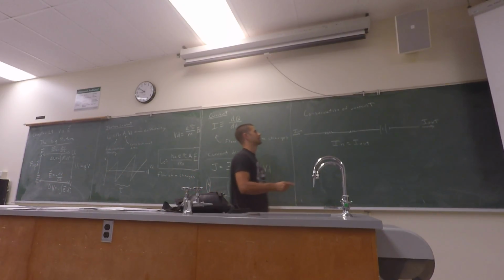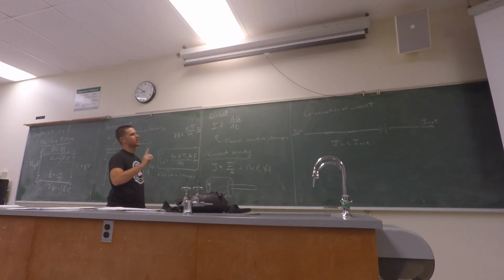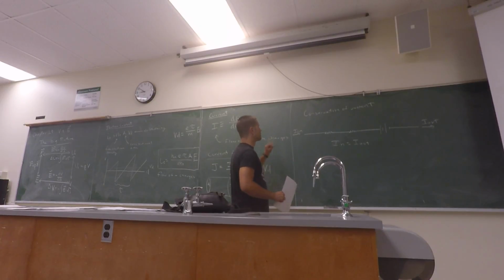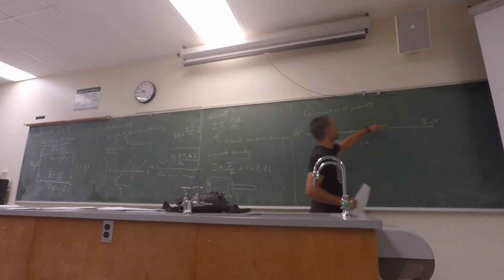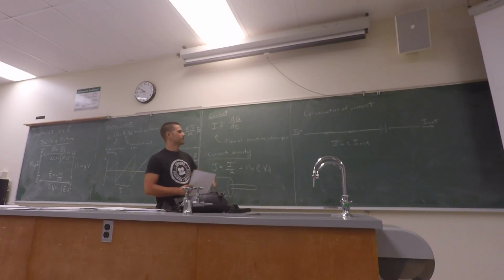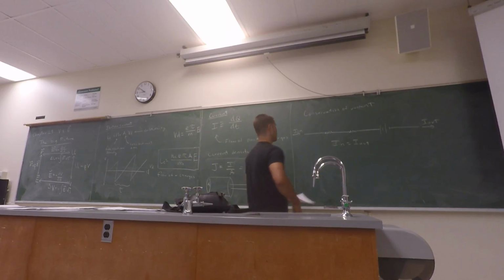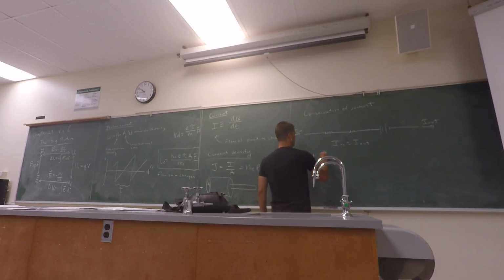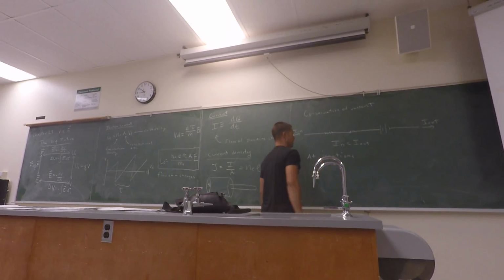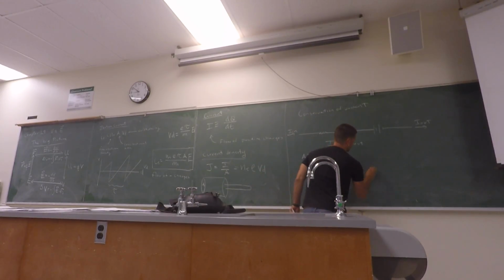Now the loop law is different, right? That's going around different potential loops, but anytime you have one wire, it's going to share one current. So this is an example of that. Also, at junctions, current has to be conserved.